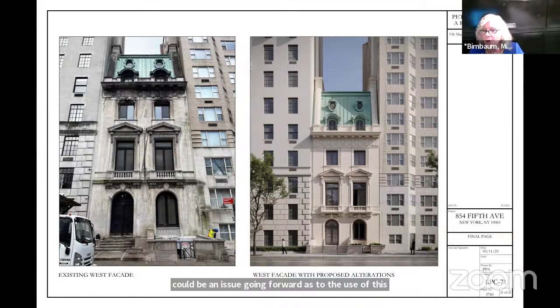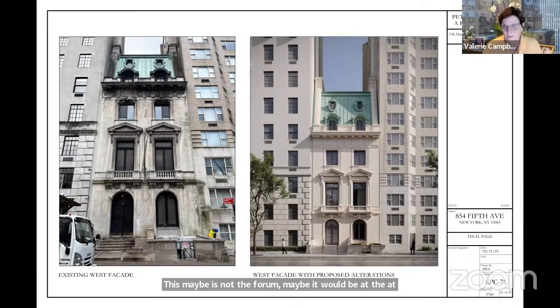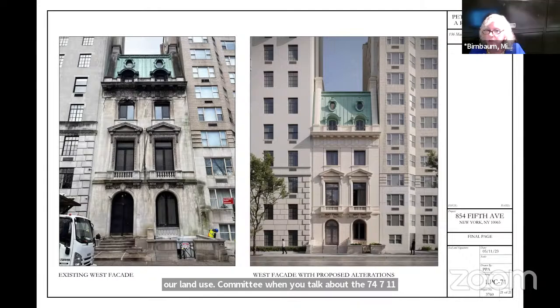So if it can't be landmarked, if that can be included in a declaration, or I don't know what the terminology is, but some way to protect it, which would both protect the building, which those that are interested in preservation, that would be a good enough reason. But in addition, it would curtail the abuse of a use, I should say, going forward. So I would be interested in hearing about that. This maybe is not the forum, maybe it would be at our land use committee when you talk about the 74-711, whatever you think, but I personally would like to hear more about it.